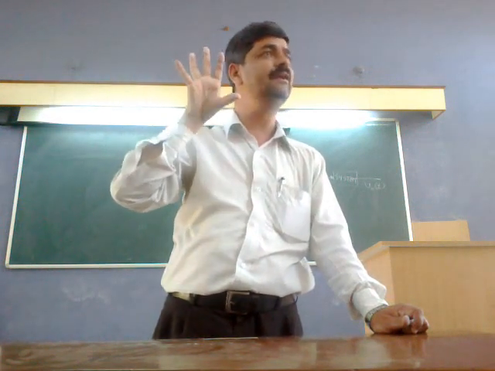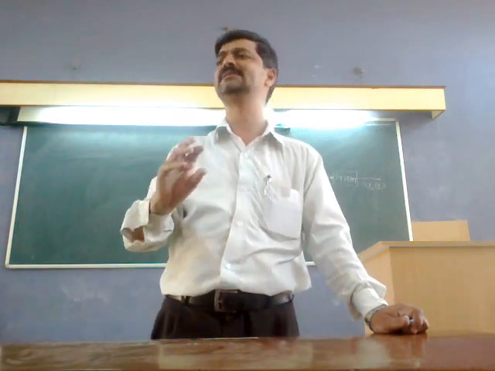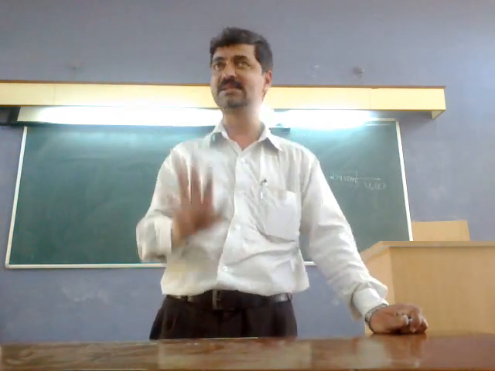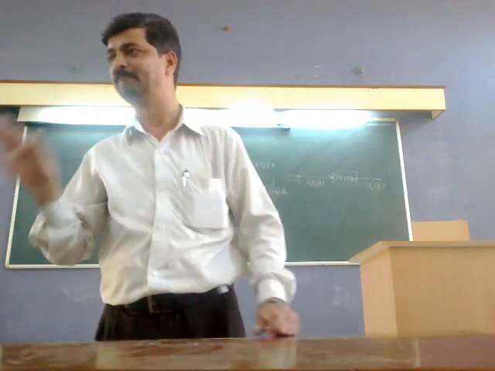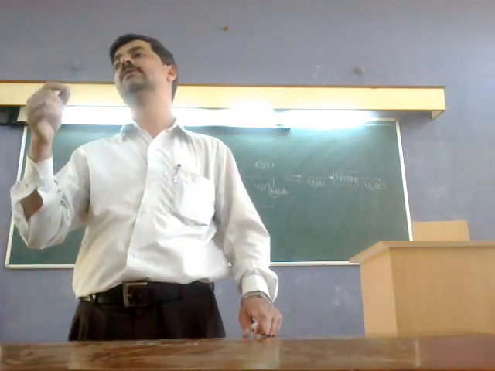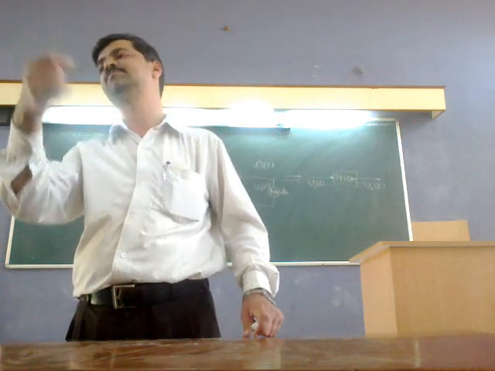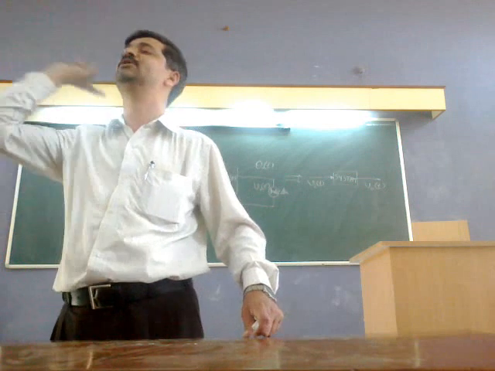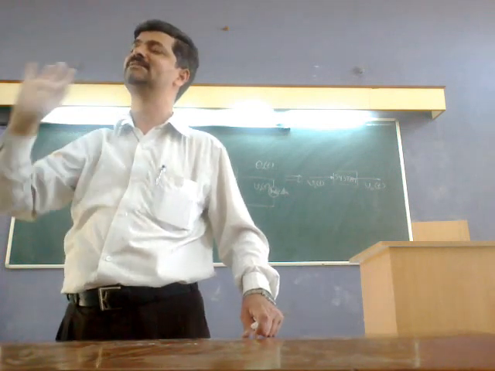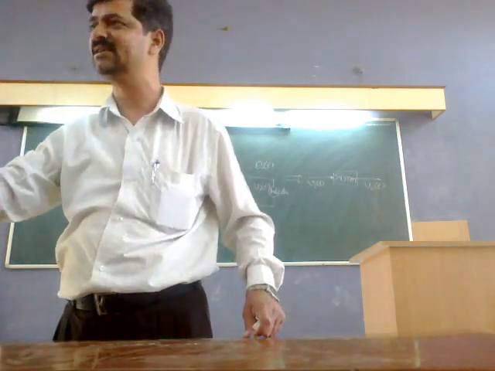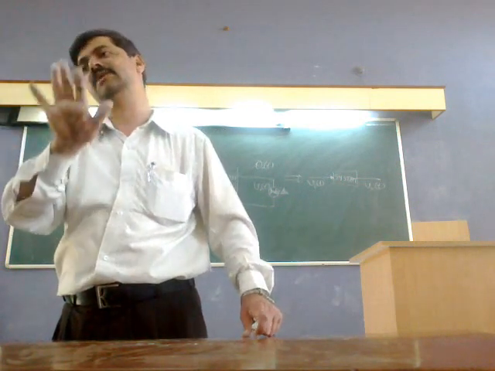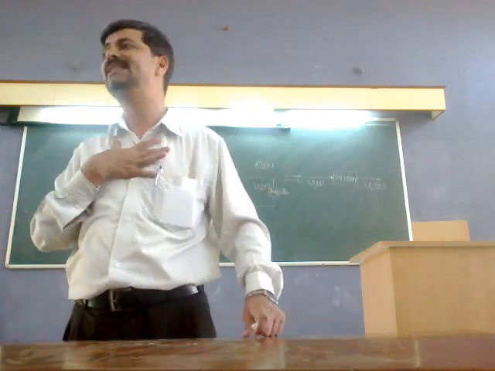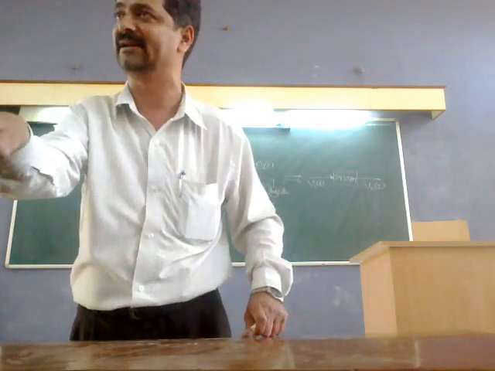But if it is fairly good, I can say that for my application, it is as good as ideal. Instantaneous response is not possible. But if we look at a CRO, the response of the electron beam is very fast as compared to a moving coil voltmeter. So I can say that the moving coil voltmeter is a very sluggish device, but the CRO is a substantially fast device, and for my practical purposes I can very well say it is instantaneously responding.